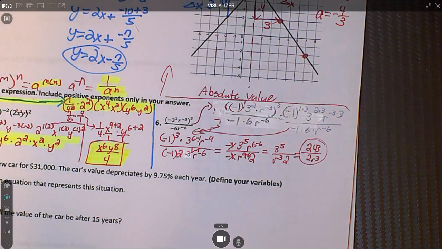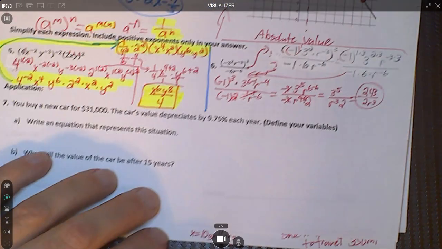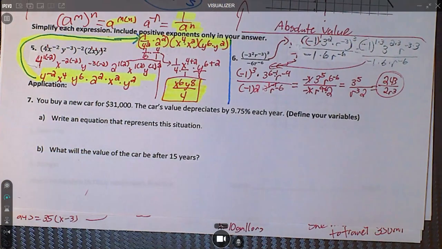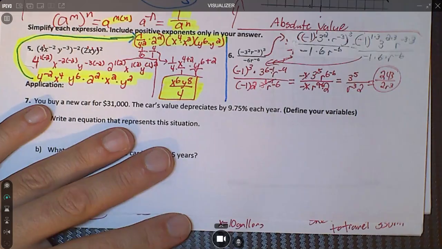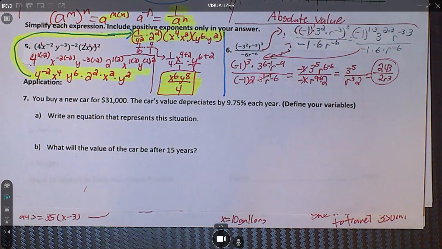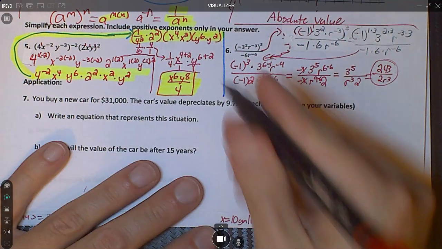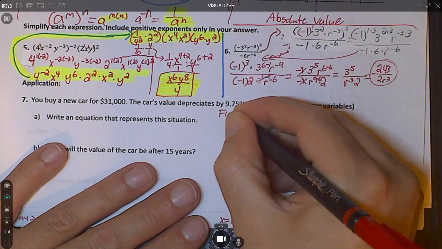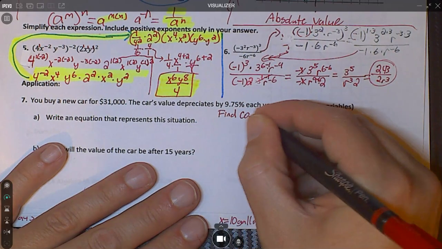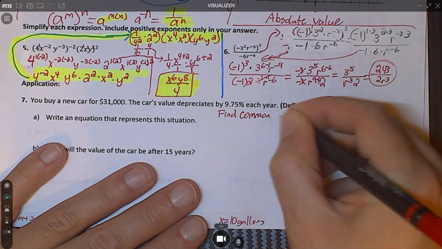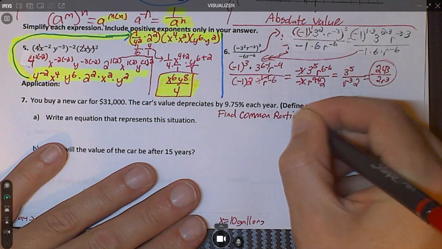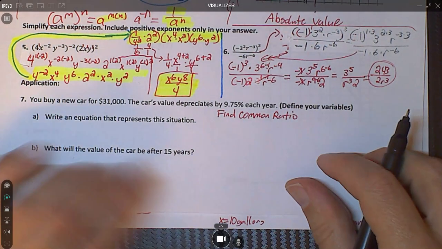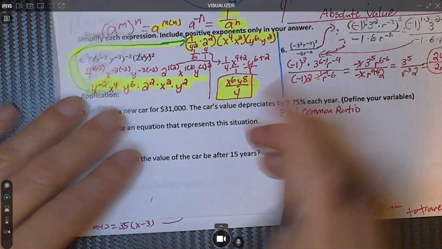That was a doozy. Whew, that was a tough one. Okay, you buy a new car for $31,000. The car depreciates. The way you find the common ratio is, I tried to explain this to you.